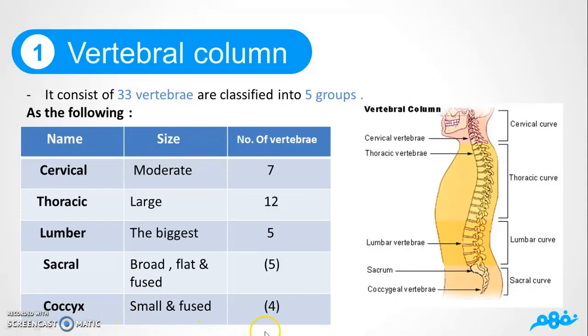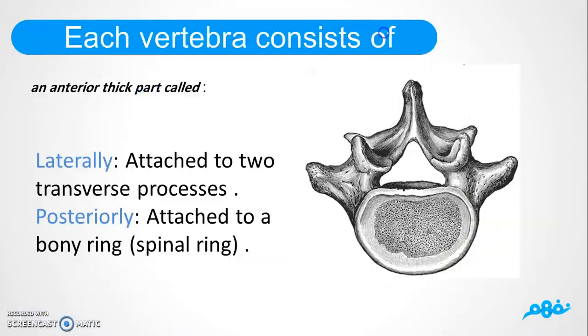What about the coccyx? The coccyx is the smallest, just 4 vertebrae, surely fused, below the sacrum. That's all about the 33 vertebrae. The first 3 groups are free, but these 2 are flat and fused. So that's simple about the vertebral column, but it's so important. You should keep it.